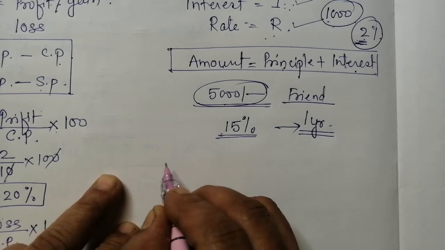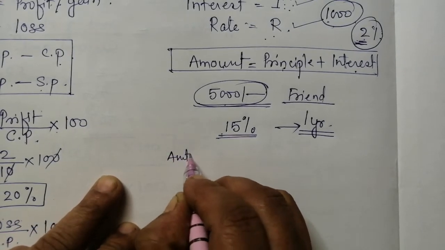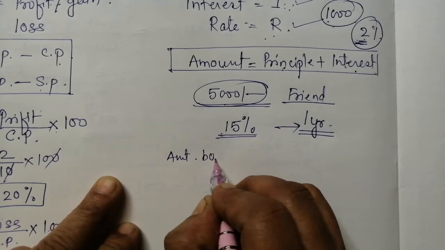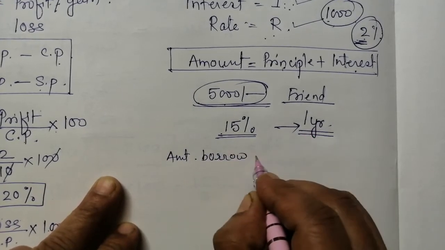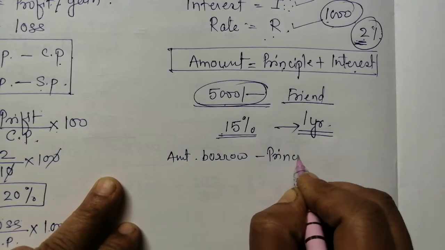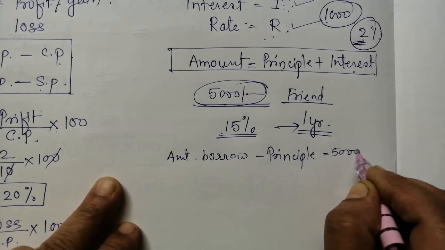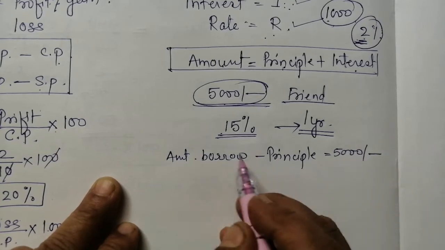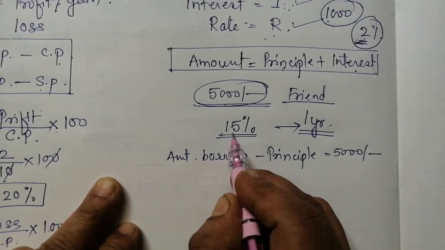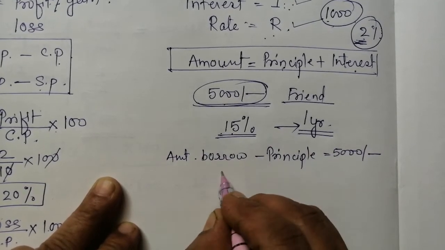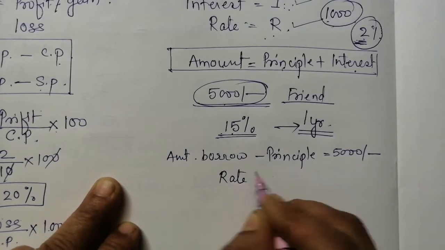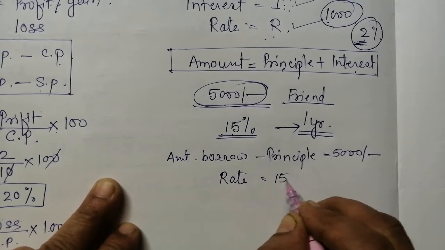See, the amount borrowed, or you can say the principal, is equal to 5000. The rate of interest is 15%, so rate is equal to 15%.